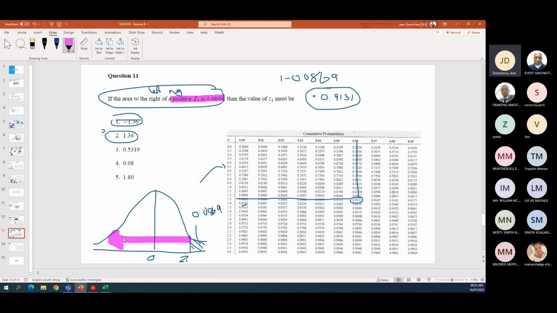To calculate the purple, we say 1 minus. The 1 minus will give us 0.9131, and that will give us the 1.36.